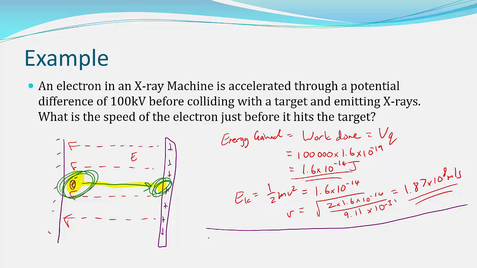Well, if you have the energy or the work done on the charge, and that all goes to the kinetic energy of that particle, then you can rearrange that to get velocity as equal to the square root of 2 times the charge times the potential difference over m, keeping in mind that this v and this v, one is uppercase, one is lowercase. But that equation there can also be used.